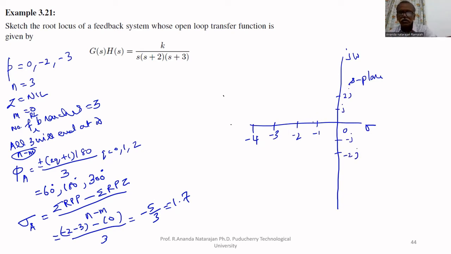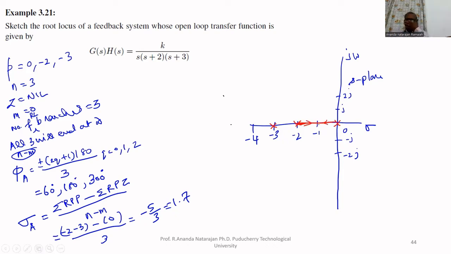Here, what are the poles? One pole at the origin, another pole at -2, another pole at -3. All three poles are starting points of root locus. Between -2 and 0 is part of root locus because to its right there are an odd number of poles and zeros. Therefore, both are starting points.